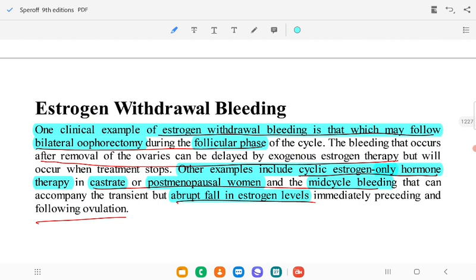First is bilateral oophorectomy in the follicular phase. Second is cyclic estrogen-only hormone therapy in a castrate or postmenopausal woman. And third is mid-cycle bleeding due to a transient abrupt fall in the estrogen level before and after ovulation.